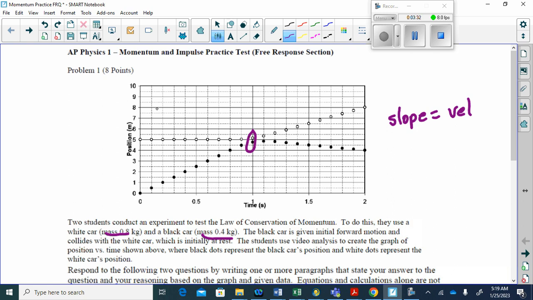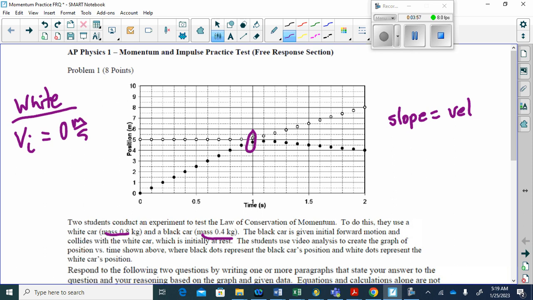If we look at the white cart, the initial velocity when we find the slope is 0. Its position is constant. The slope of this line is 0. Now for the second half, this cart is moving, and so we actually need to find the slope.